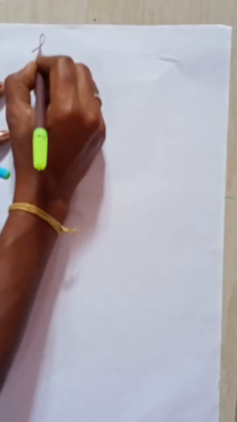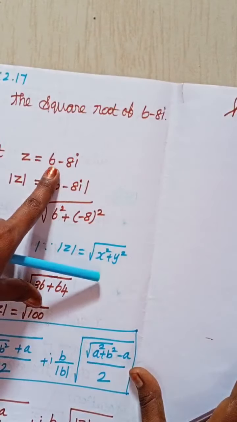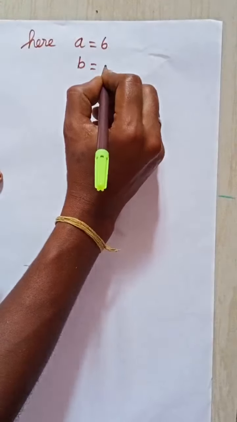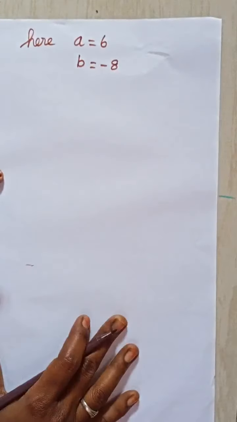Now here a is equal to 6, b is equal to minus 8. We know one note.